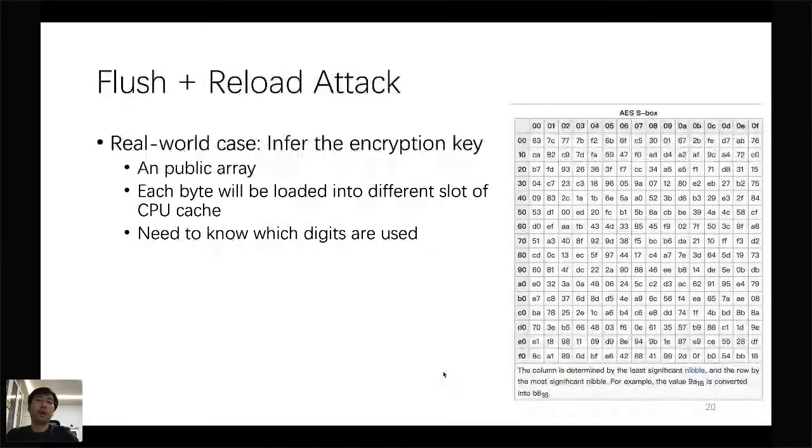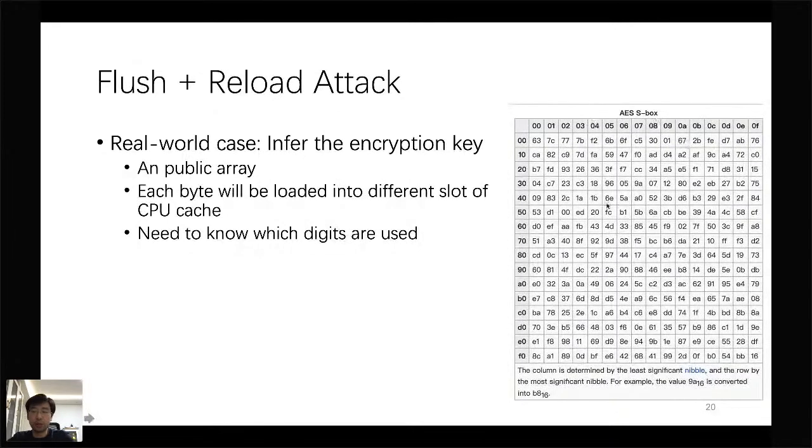Actually, in the real world, there are many ways to do side channel attacks, and the flush and reload attack I introduce today is just one of the simplest methods in this area. For example, in a real-world case, the attacker can try to infer the encryption key used in your AES encryption.